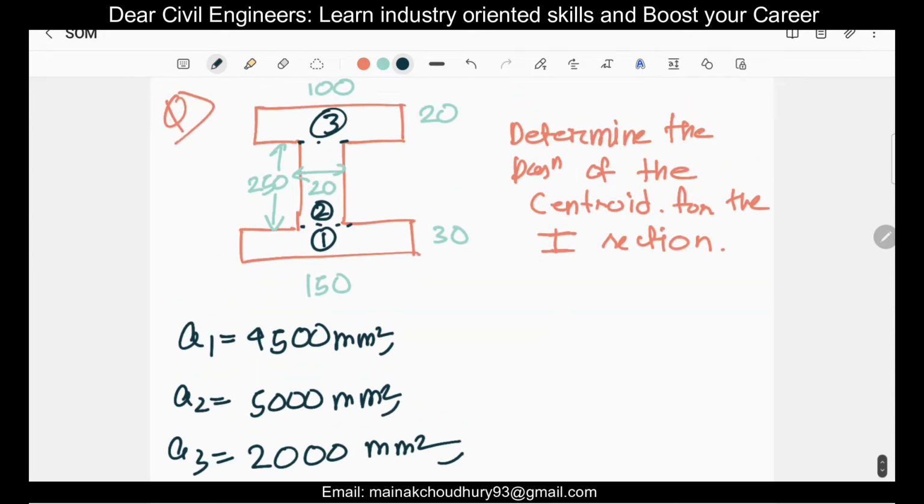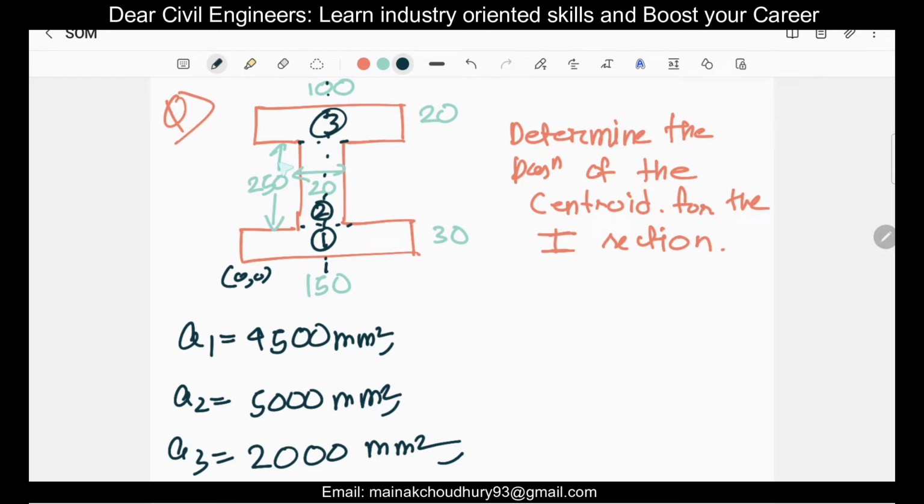And let's also do the x1 and x2. You can see here 100 is less than this, so you can assume the 0 at this point, and you will have the center like this. If you have the center here, 100 by 2 will be on this side and 100 by 2 on this side. So 100 by 2 is 50.